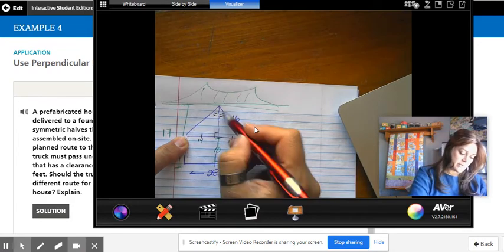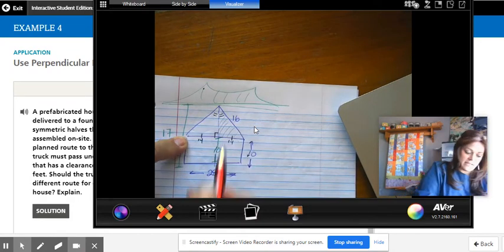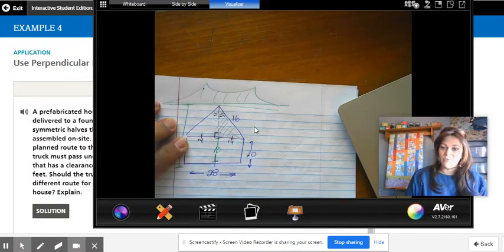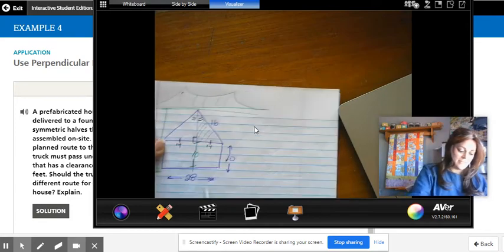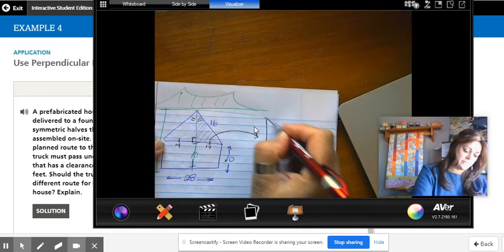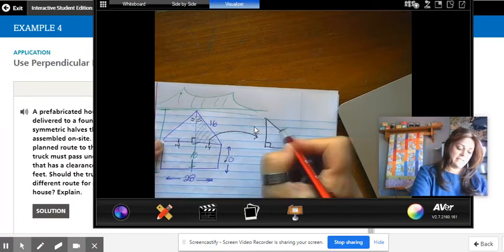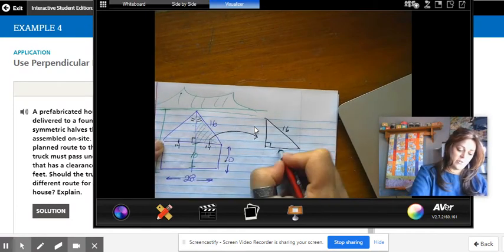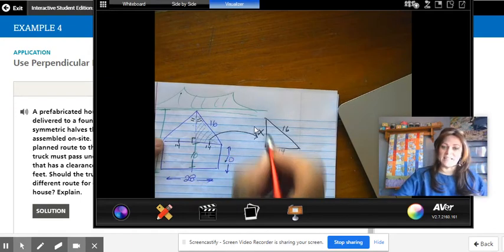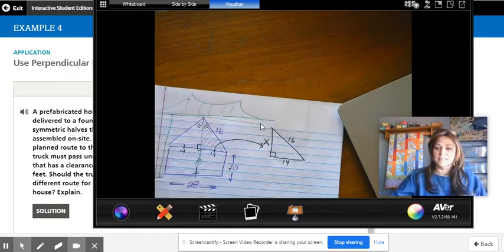And I'm going to highlight just this part right here. Do you see that right triangle that I just highlighted? I've got a right triangle that's 16 feet over here, 14 feet over here, and I do not know this length, that height.